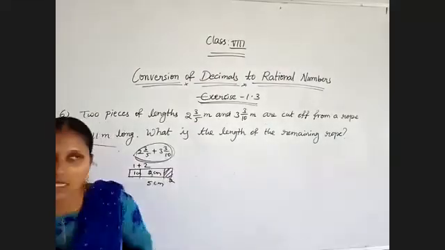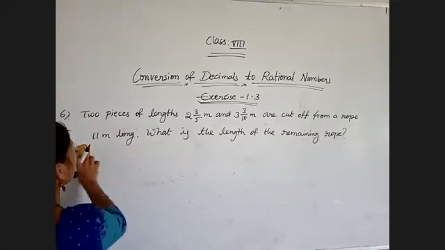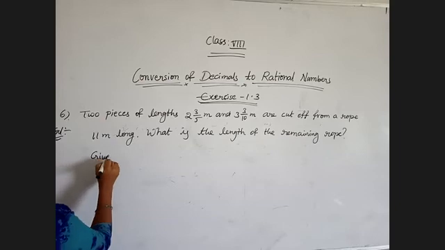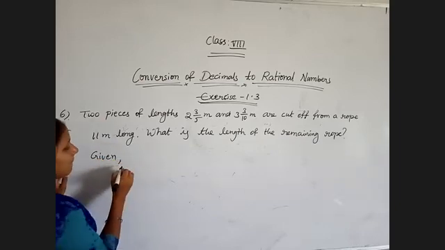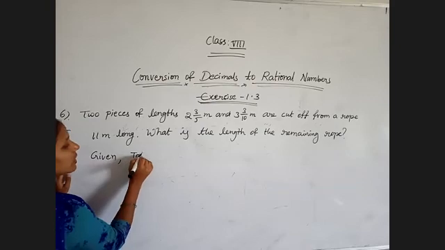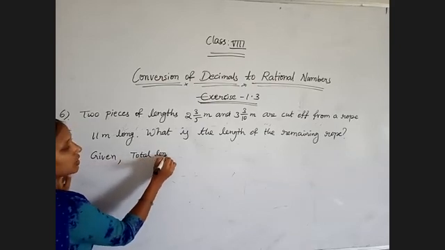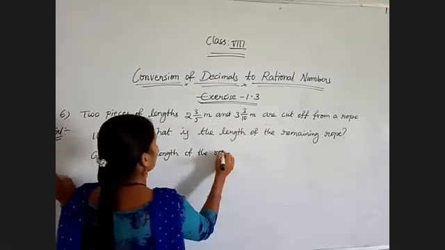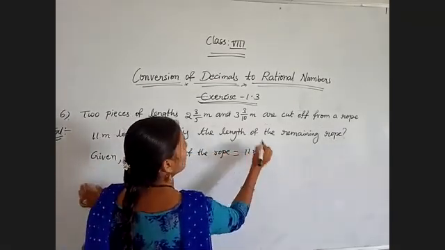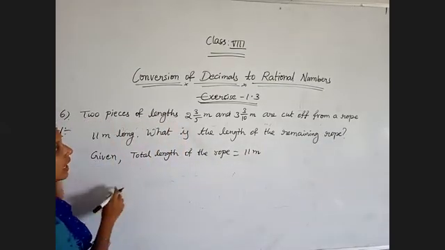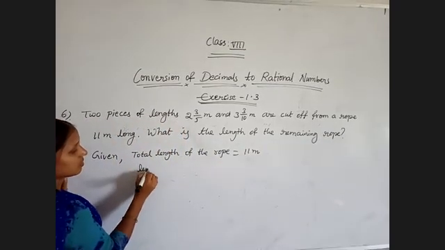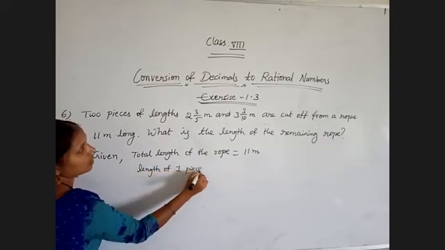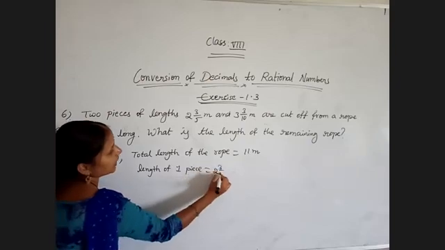So now observe this question. Given total length of the rope is equal to 11 meters, and length of one piece is equal to 2 3 by 5 meters.